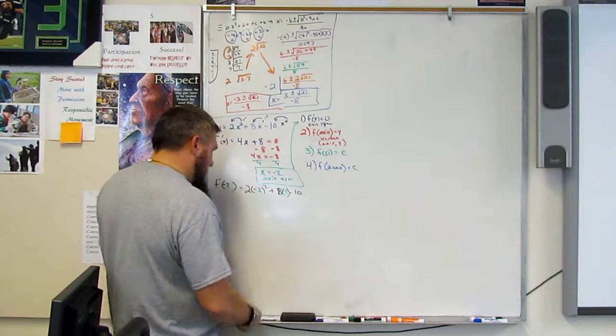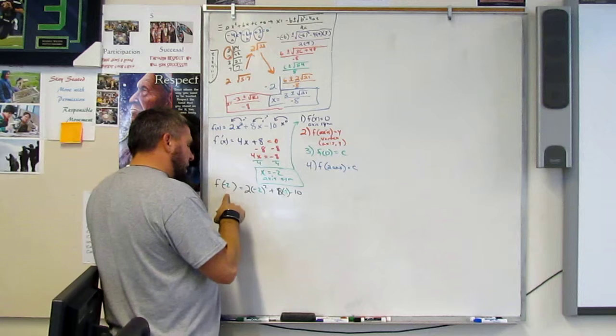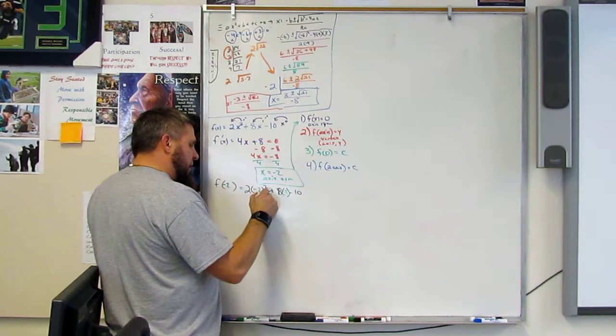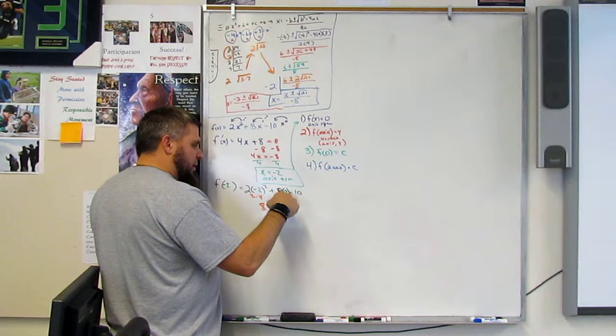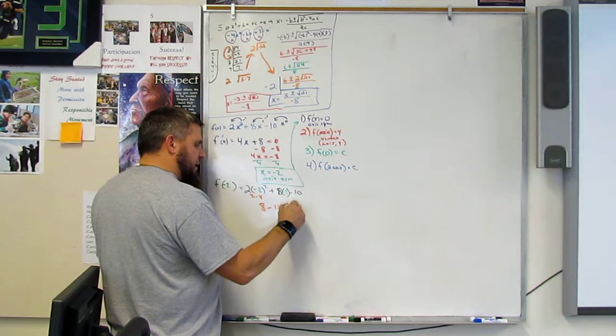When I plug in that negative 2, I get negative 2 squared, which is 4, times 2, which is 8. Negative 2 times 8 is negative 16, minus 10.